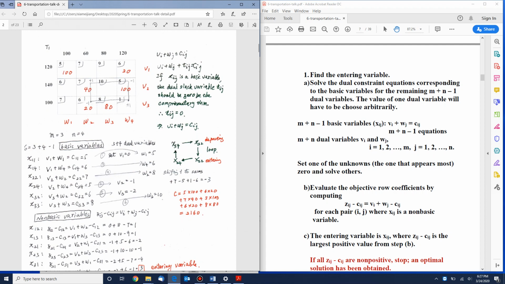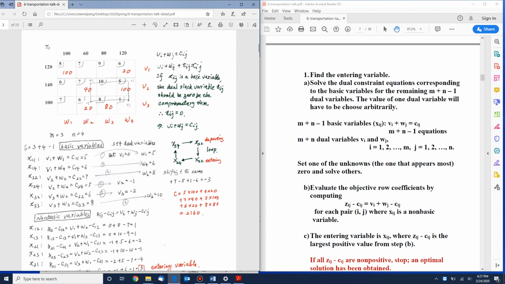If we read the right side of the screen, you can see that first of all, we solve the dual constraint equations corresponding to the basic variables for the remaining m plus n minus 1 dual variables. The value of one dual variable will have to be chosen arbitrarily. What does it mean?